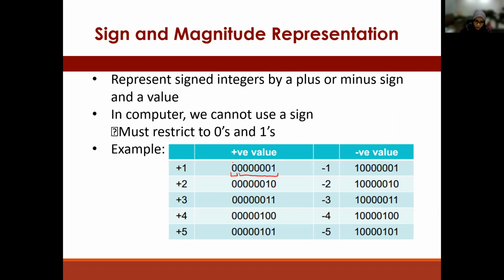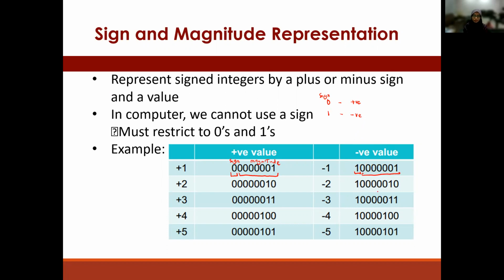A sign of 0 indicates that this is a positive number, while if the sign is equal to 1, this is a negative value.